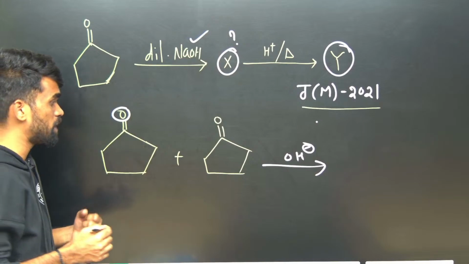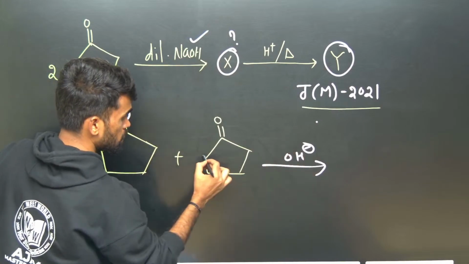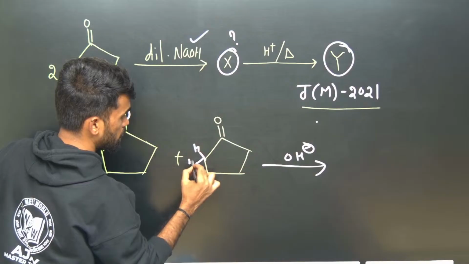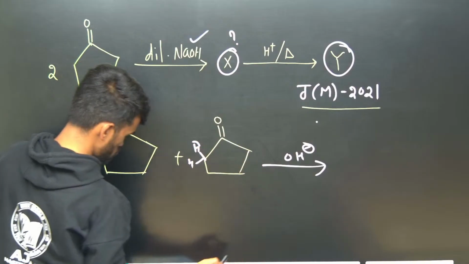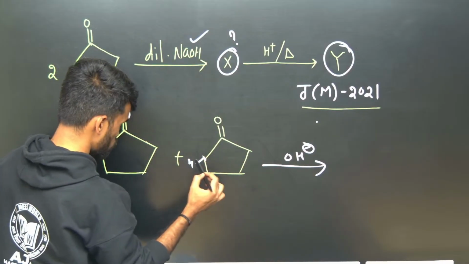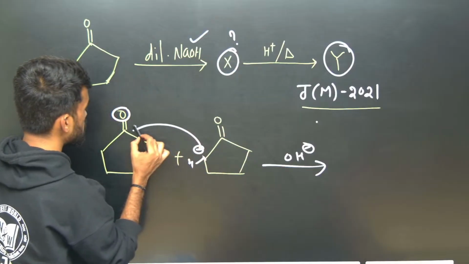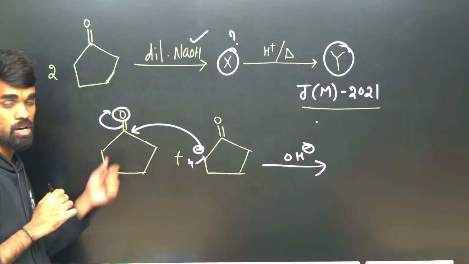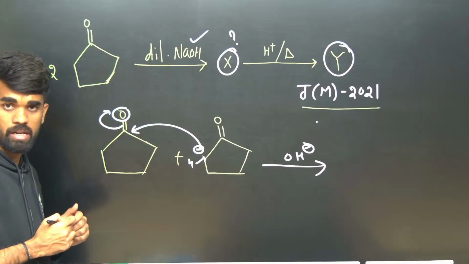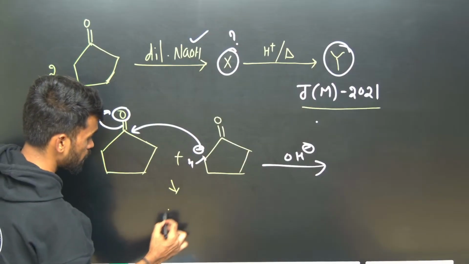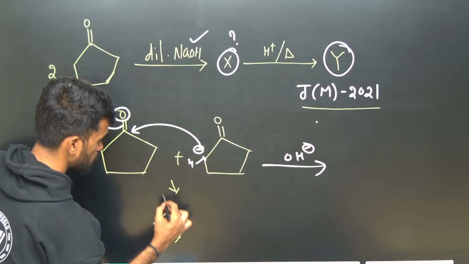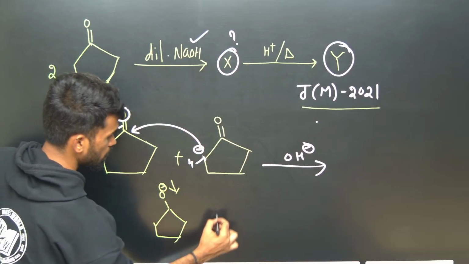In between, when we take this base, an alpha hydrogen from here or from here is removed, so that we get a negative charge over here. This attacks the carbon containing oxygen, and we will have a product something like this, O minus.